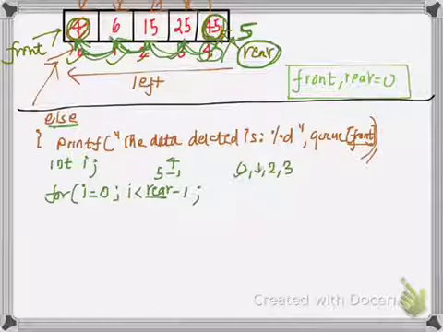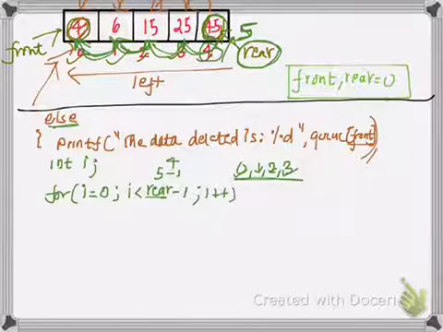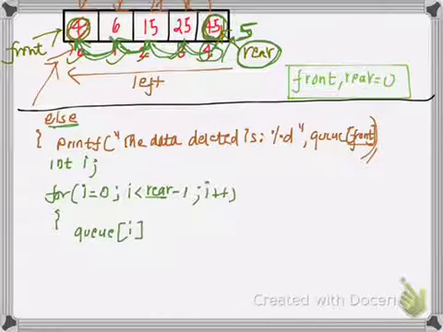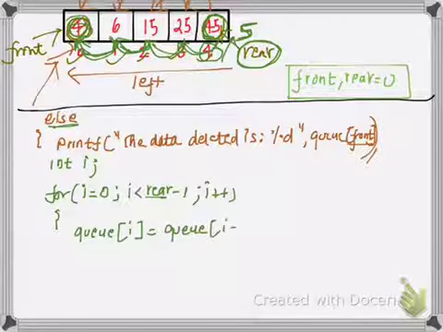So there are 1, 2, 3, 4 shifts in this case, and I'm going to increment i by 1, i plus plus. After that, in Q of i, in place of Q of 0, so in place of 4, what we're going to overwrite is Q of i plus 1, which is 0 plus 1, which is certainly 1.